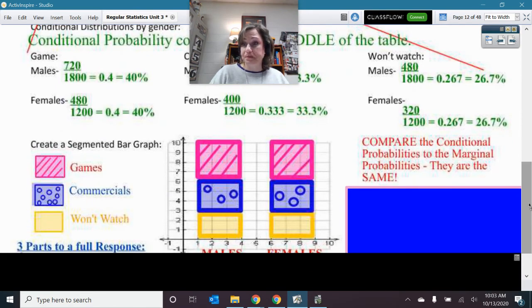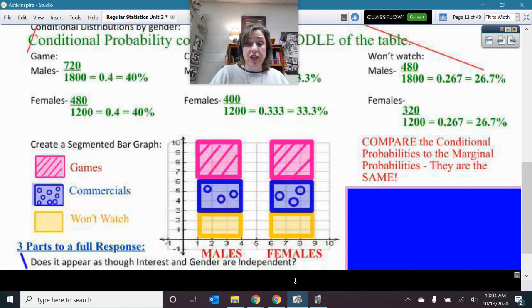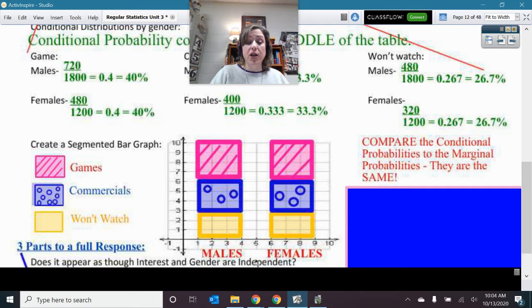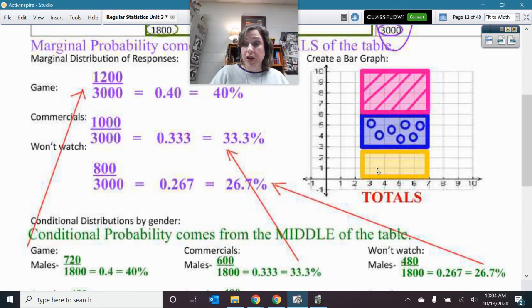Okay, let's graph them. See, here I had created my key for the won't watch, commercials, and games. Well, look at that. They look the same. So when the rate is not affected, I have the males bar, which looks like the females bar, and those both look like the marginal or the totals bar.